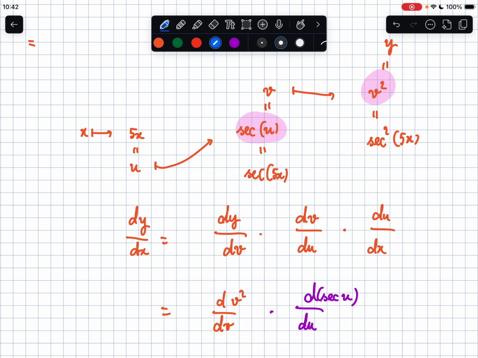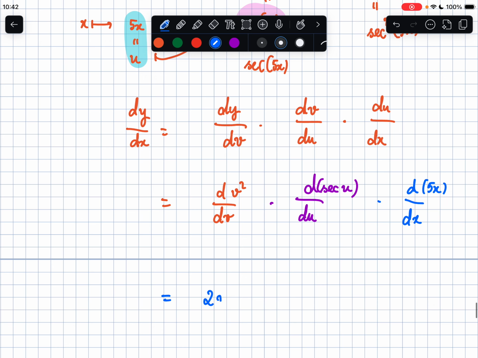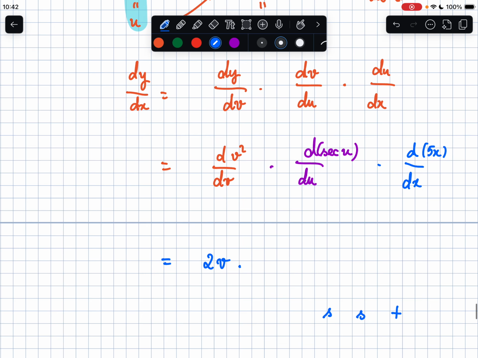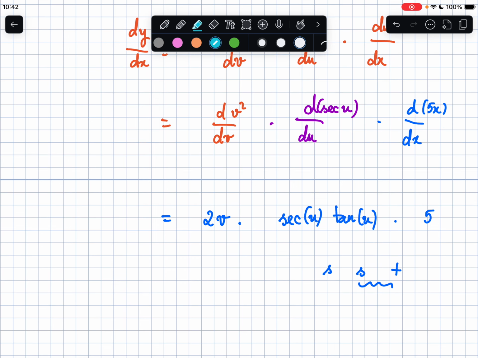And the last one, du over dx, d over dx of u equal to 5 times x, which is 5.